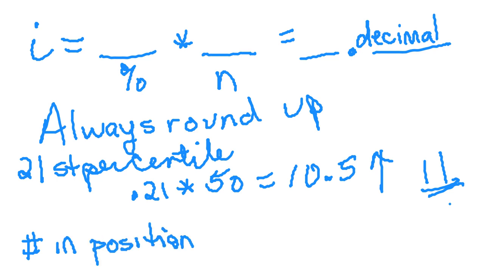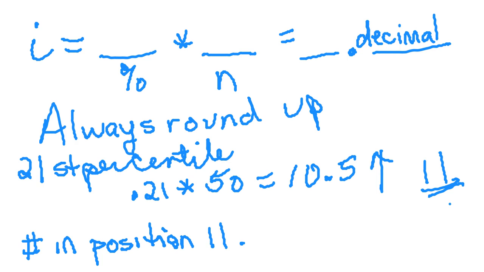So again, if you get a whole number, that means no decimal, then you average the number in that position plus the next number. If it's not a whole number, then you just take the number in that position when you round it up. So you find your position.